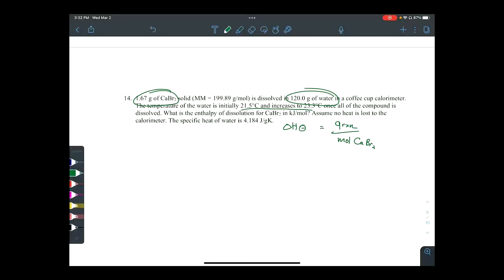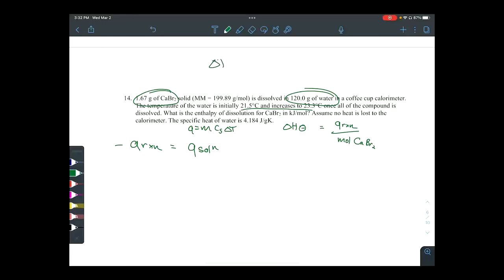So now we need to figure out Q reaction. Negative Q reaction, what the reaction loses, is equal to the Q of the solution, where Q equals mc delta T. But we have to think: what is the mass of the solution, what is the specific heat of the solution, and what is the delta T of the solution.